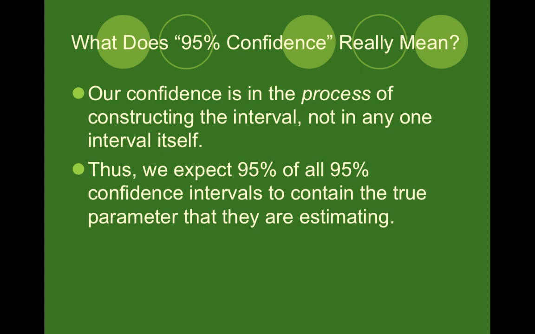So if you were to do 100 samples and make 100 different confidence intervals, each with 95% confidence, then 95 of those intervals should end up containing the true proportion, and 5 of them will miss the mark. That's what the 95% confidence actually means. So again, it's in the process, not the actual interval itself.